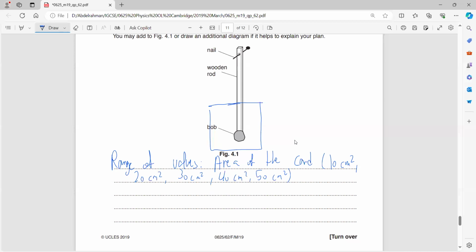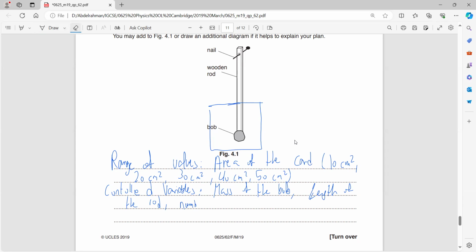Next point, what are the controlled variables? The controlled variables would be the mass of the bob, the length of the wooden rod, the length of the rod, let's say the number of swings, maybe.